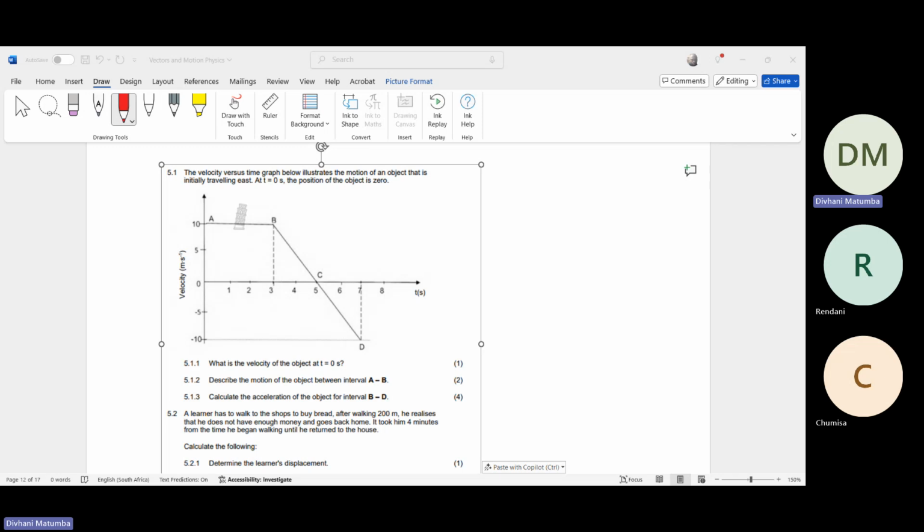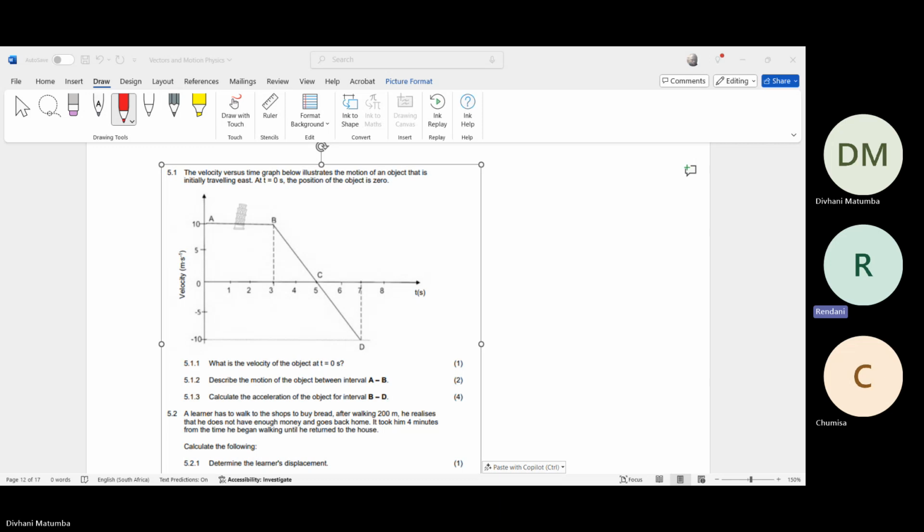Okay, Rendani, what is the velocity at t equals 0 seconds? The velocity of the object at t equals 0 seconds? 10, isn't it?